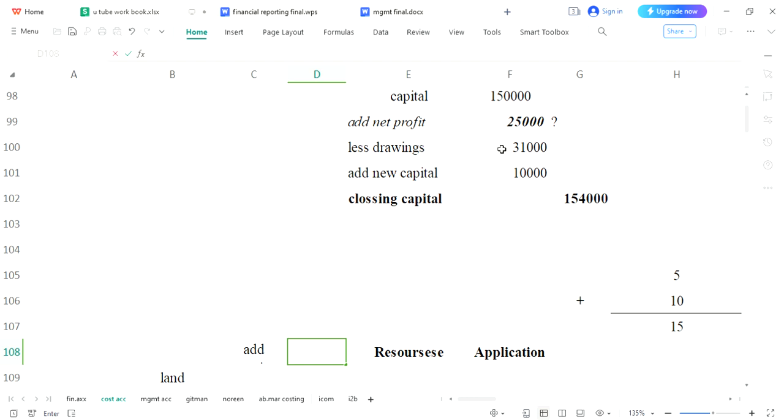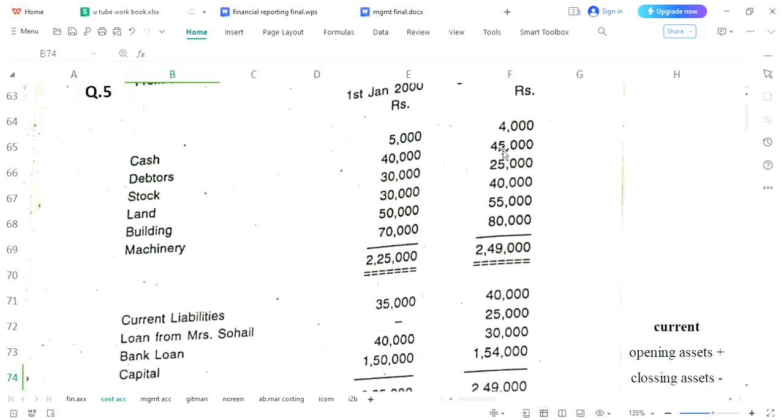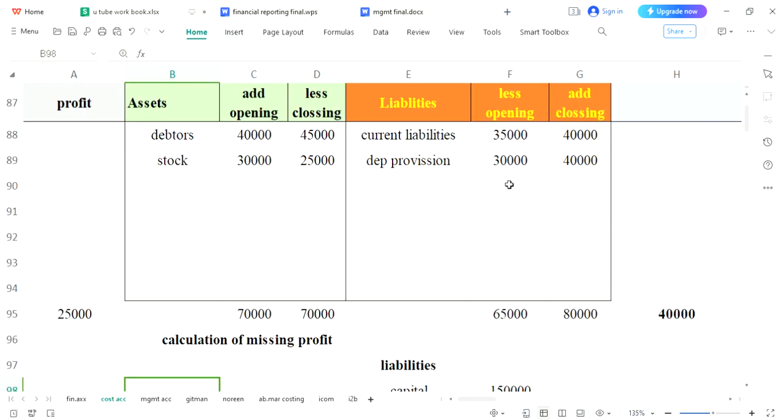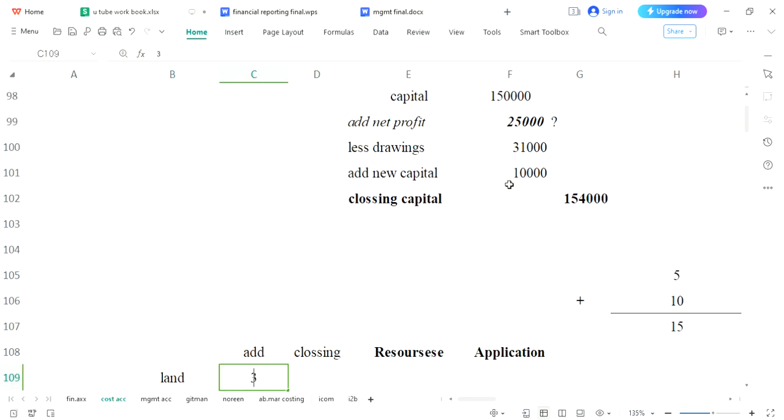Okay, we have small space, so only closing we are going to write over here, and add would be written over here. So now understand that we have land 30 and 40. Here you will write 30,000 and 40,000.